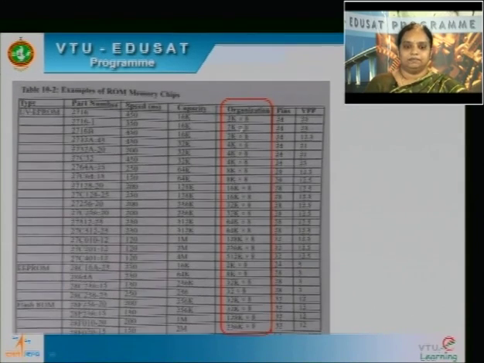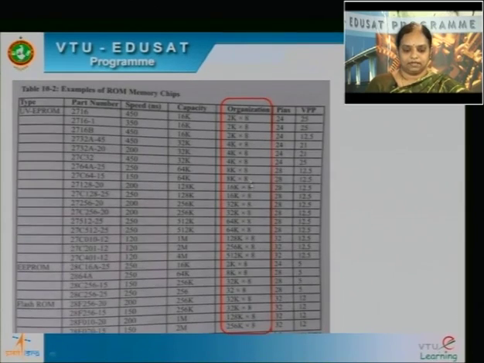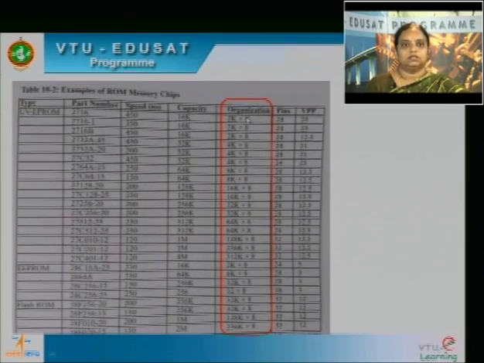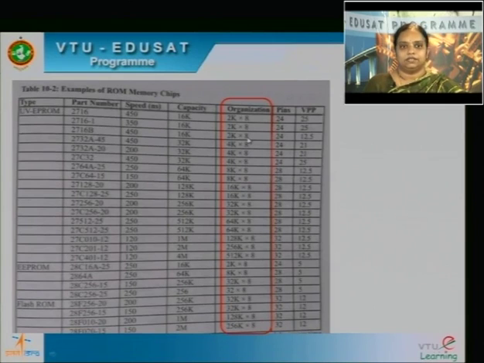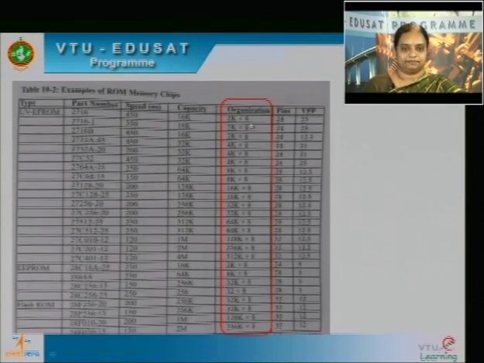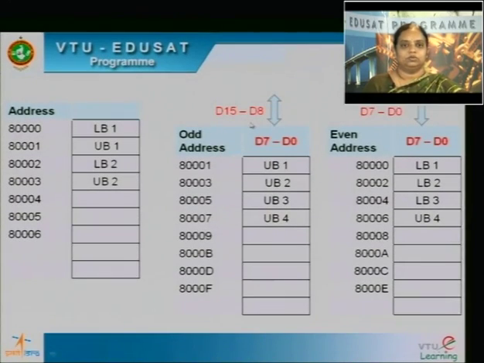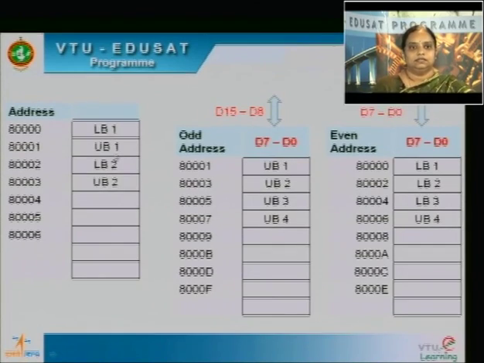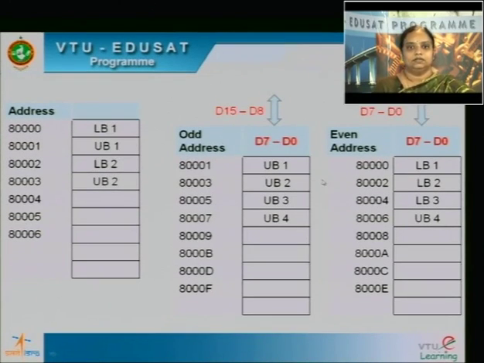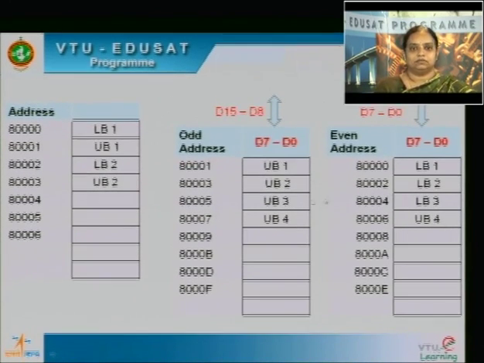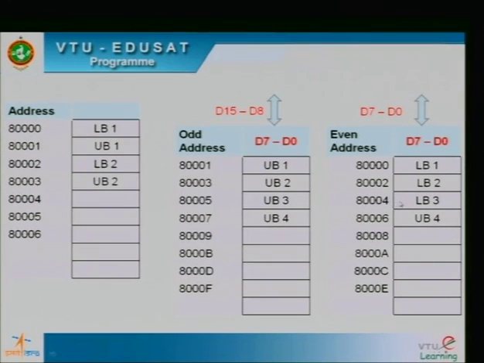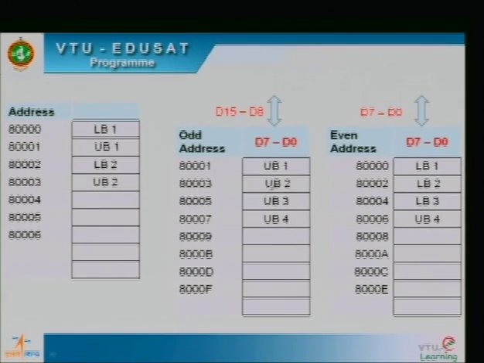Similarly, in ROM memory chips, almost all of them are byte locations. Each memory location contains 8 bits of data. So one way to access a word is this technique of using 2 memory banks or 2 memory chips. One memory chip we designate as the even bank, the other as the odd bank.